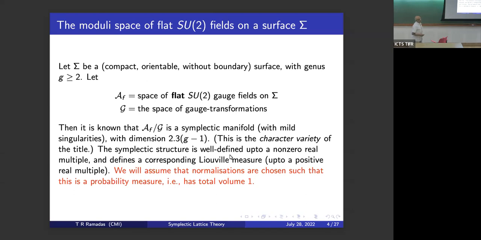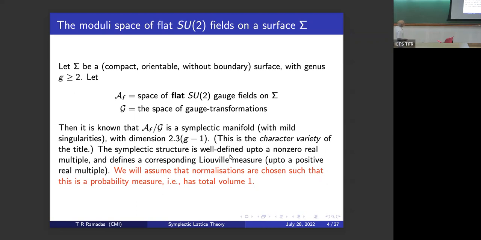So let sigma be a compact, orientable surface without boundary. For those who get worried by the abstraction and excessive geometry, this is the easy part. It's really soft. We will get to the meat of the matter a bit later.